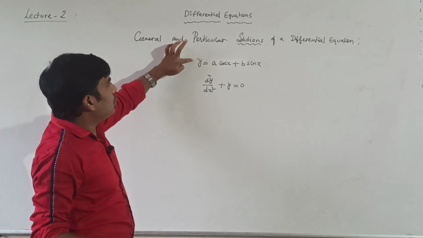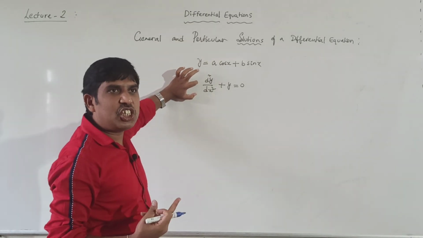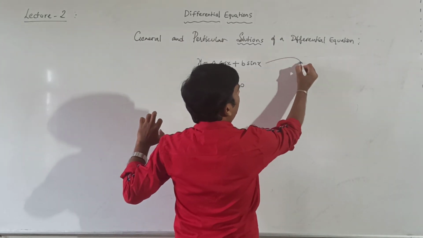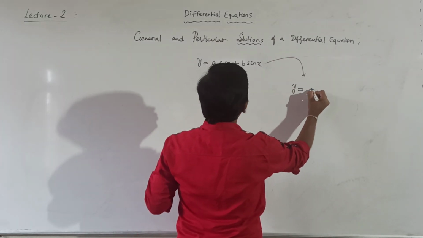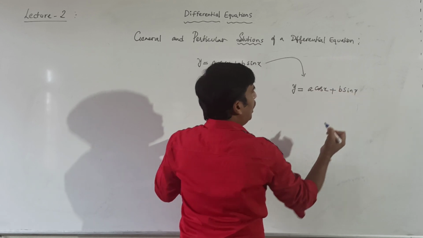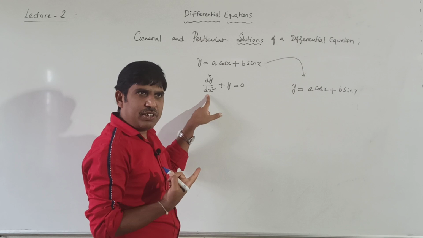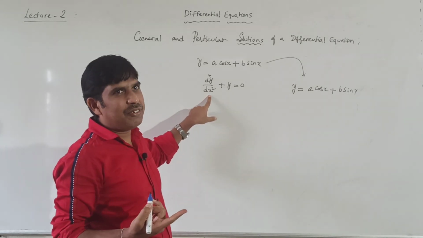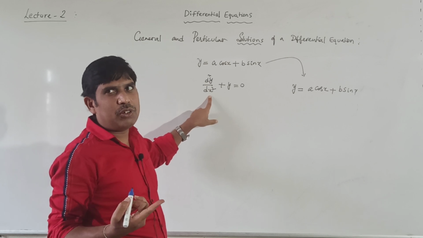So is this a solution for this differential equation or not, we have to verify. How to do it? Take y is equal to a cos x plus b sin x. Is a first order derivative there? No. What is there? Second order derivative.